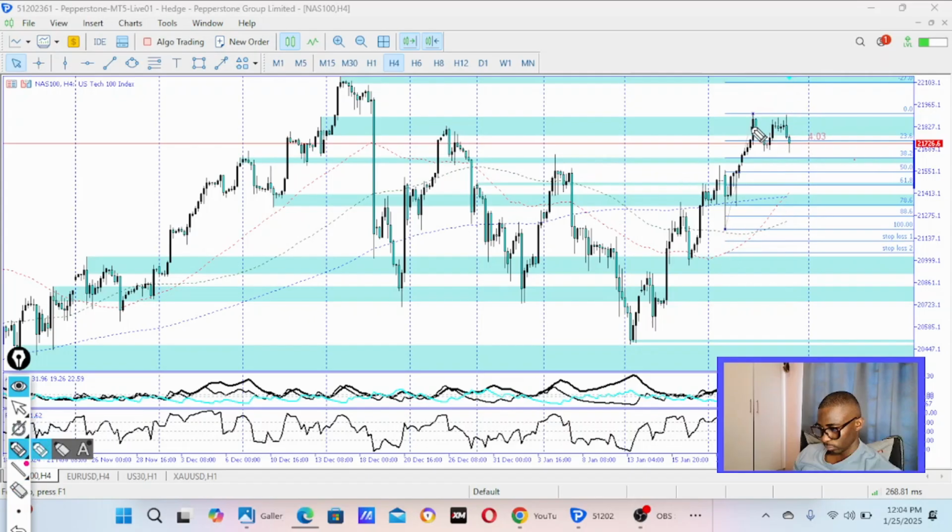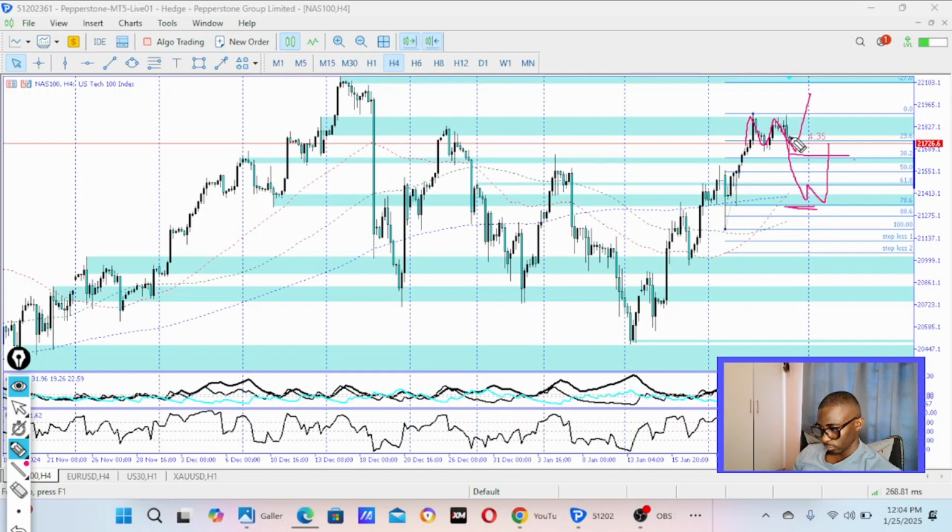I'd love to see price give me this double bottom in this area. This is my first scenario. Second scenario is for price to drop further and give me another double bottom right here. So these are the two scenarios that will prompt me to get into this NASDAQ buy.